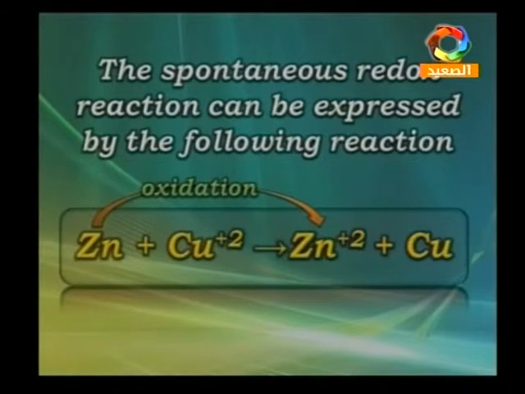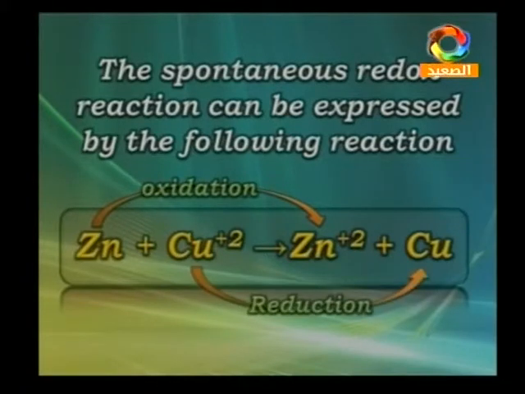It is loss of electrons. Here the Zn atom loses 2 electrons and changes into the positive 2 ion. And the second one: the Cu²⁺ ion changes into a copper atom by reduction. So here we have the oxidation reduction reaction.